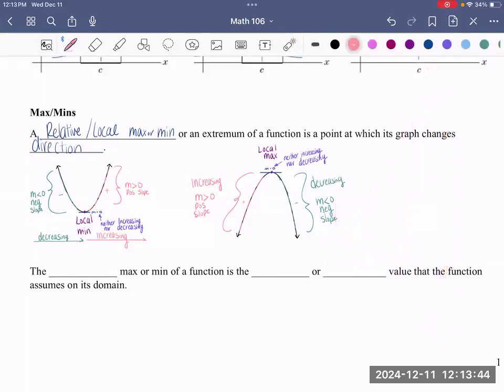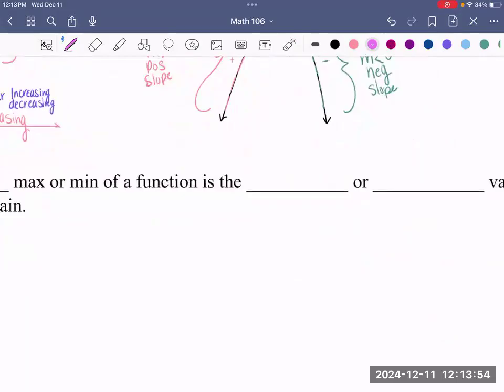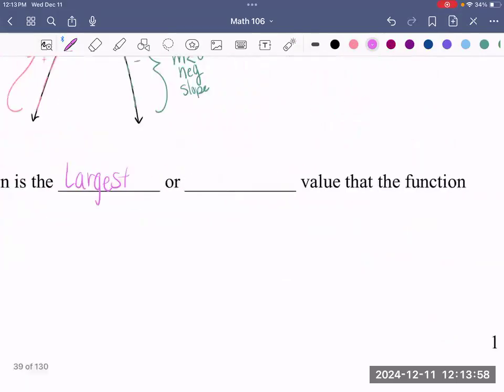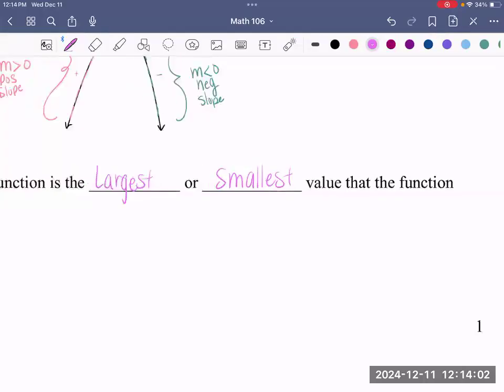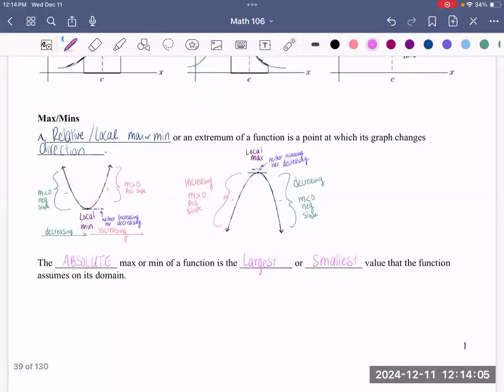However, when we talk about an absolute max or min, it is the largest or the smallest value of the function, assuming on its domain.